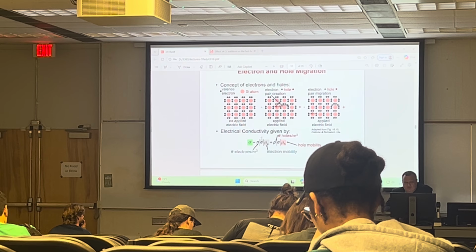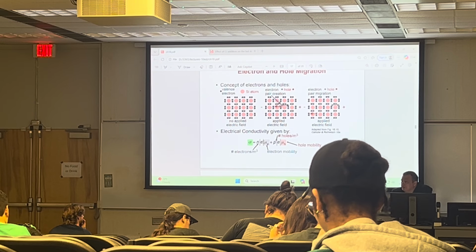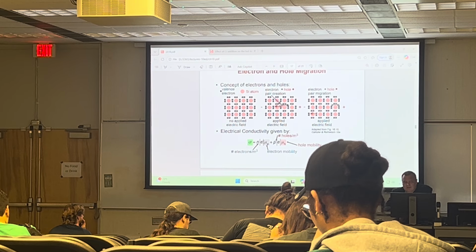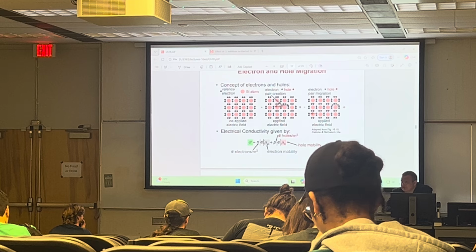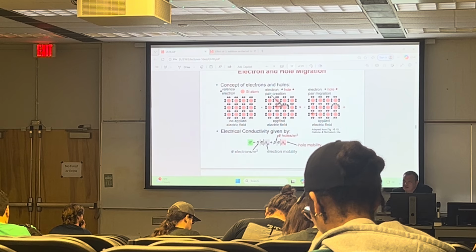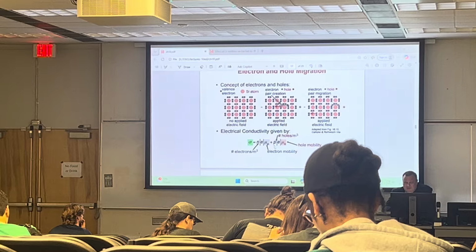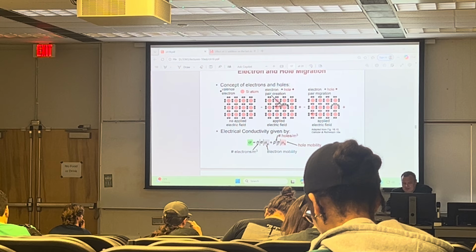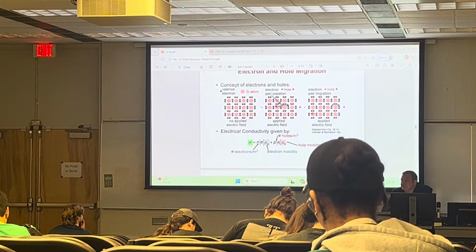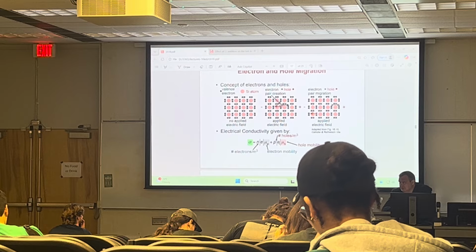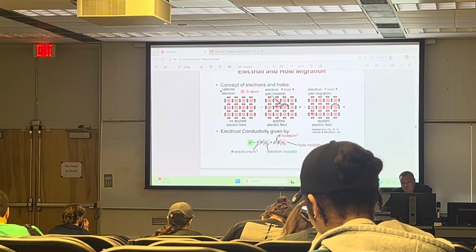What do you call this vertical bar? Absolute value. Okay, so here it is just the absolute value of the charge, plus the number of holes per cubic meter, the concentration of holes, times the charge of an electron, because a hole has the same charge as an electron, just the opposite sign. That's why it's an absolute value, times the hole mobility.